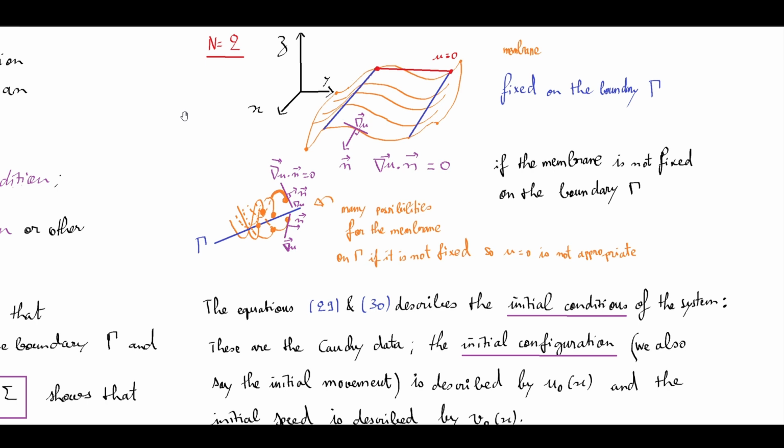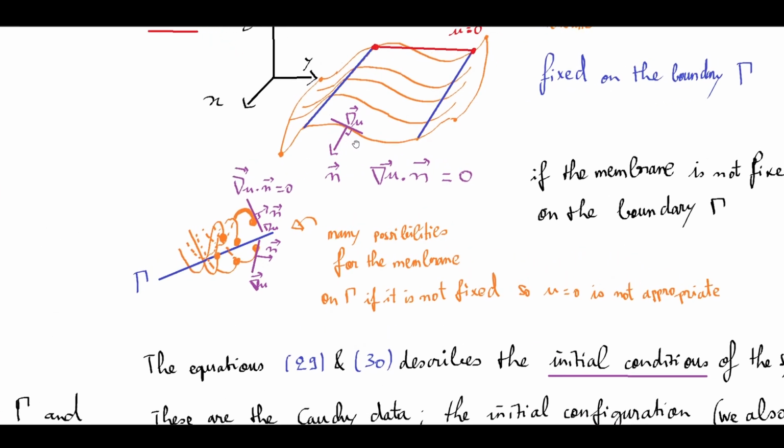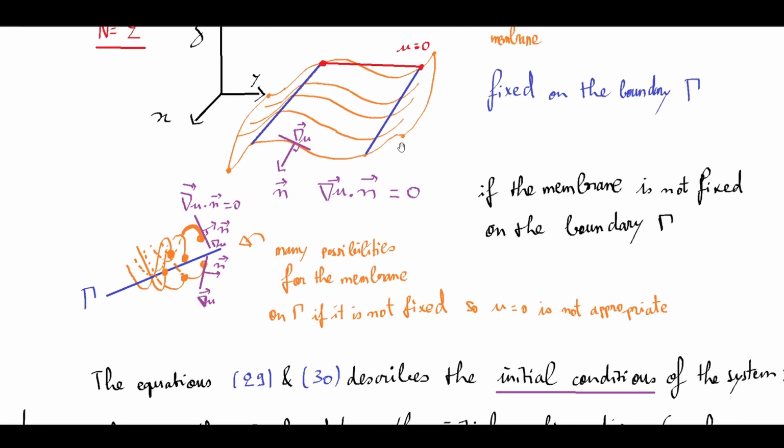If the membrane is not fixed on the boundary gamma, then we have the condition gradient of u scalar n equals 0. Here, you can zoom. We see that the gradient of u is perpendicular to the normal in this very point.